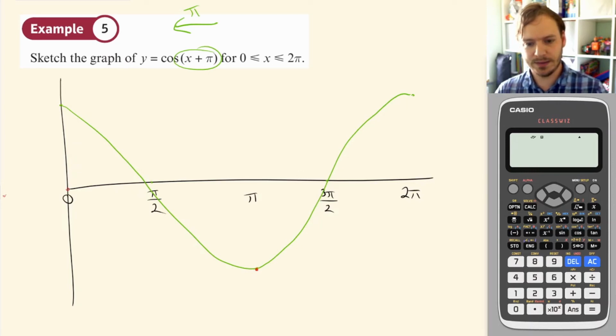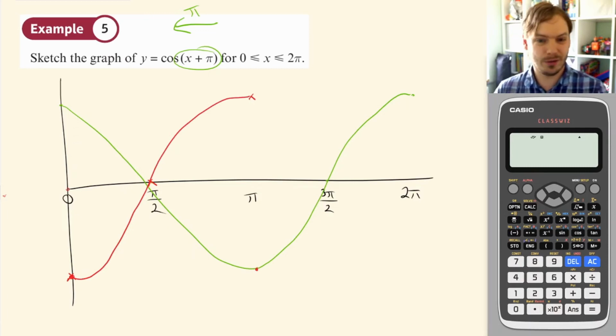This guy is going to move. Oh, okay, now he's on my grid, right. So we're here. Okay, so that's my first point. And then this 0 is going to move back pi. That's going to be there. So I'm coming up. And this one, it's at 2 pi, so it's going to be at pi now. So I can begin this sketch now because I know that it'll look like that.